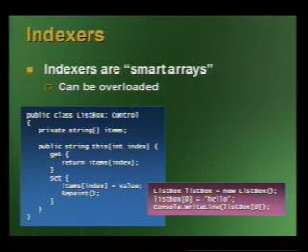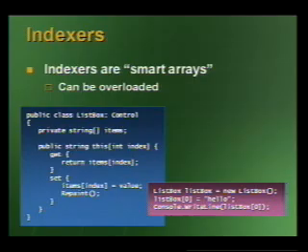Just like properties are the ability to have smart fields, so are indexers the ability to have smart arrays. When I declare a property, I'm really declaring what it means, given an object instance, to say object instance dot foo, if the property is called foo. In the same way, indexers give you the ability to control what it means to say object instance bracket something, to index it.